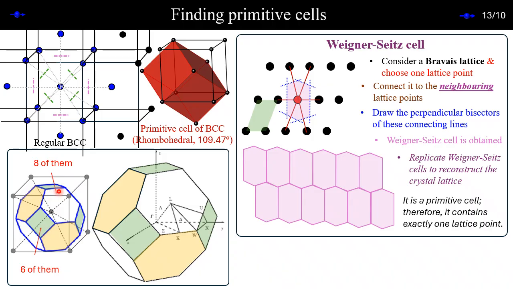So how many of them should we have? 8. One top, one bottom, this side, that side, plus x, minus x, plus y, minus y. So the surfaces are perpendicular to the line joining. Correct, always perpendicular bisectors. Makes sense? It will be a flat surface here, a flat surface there.